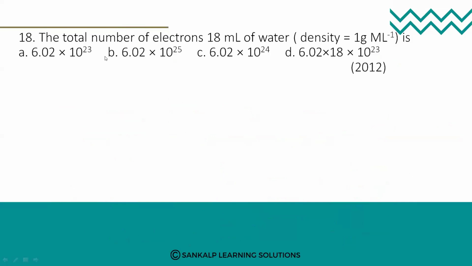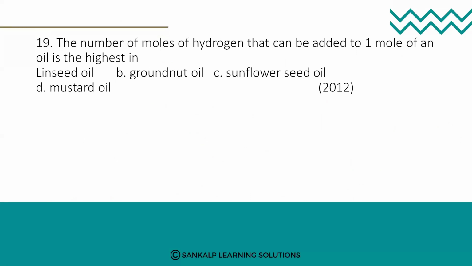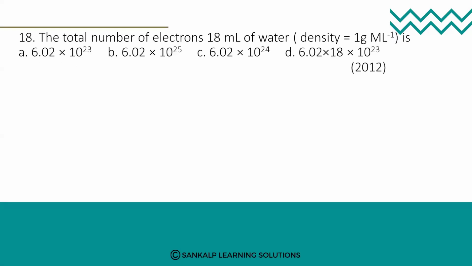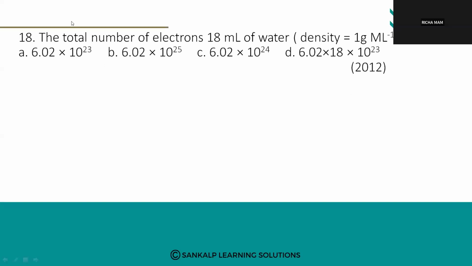The total number of electrons in 18 ml of water, whose density is 1 gram per ml. Take it as ml, this is small.